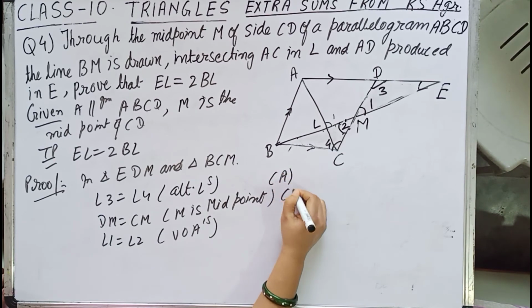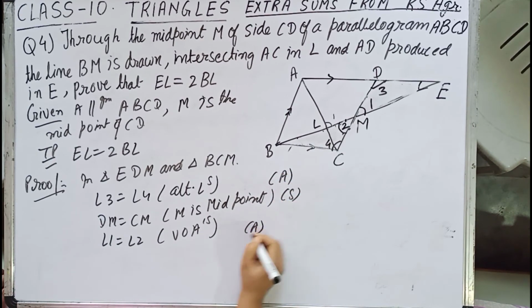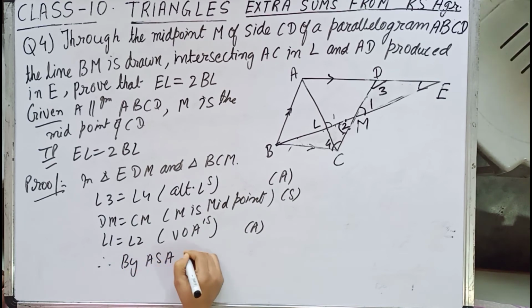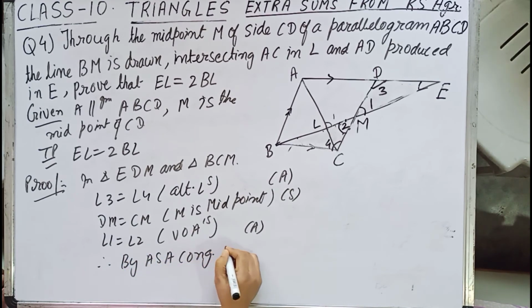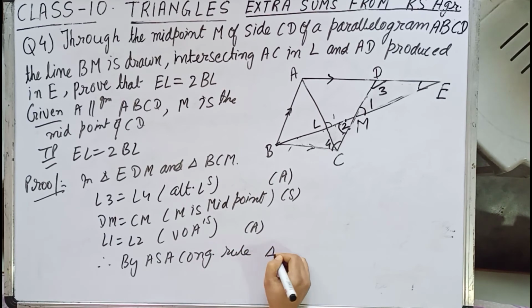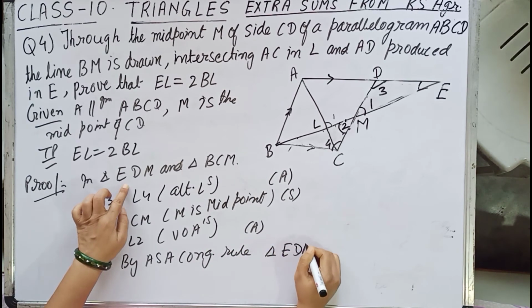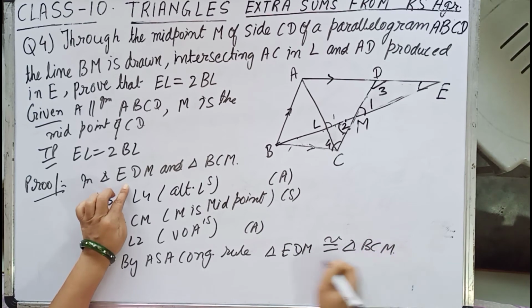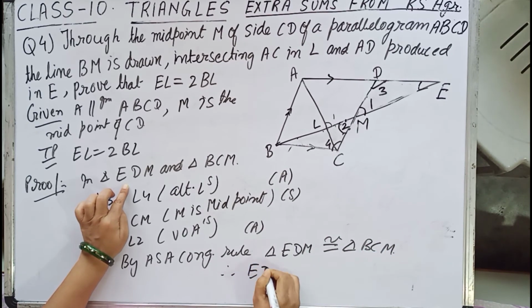This one is A, S and A. Therefore, by the ASA congruence rule, triangle EDM is congruent to triangle BCM. Therefore, ED equals BC.